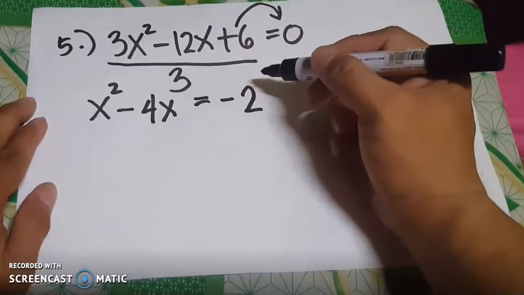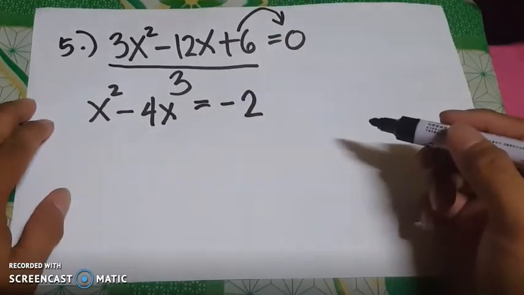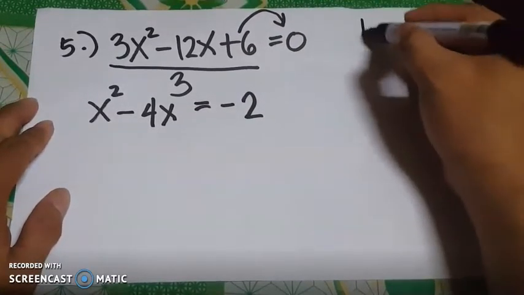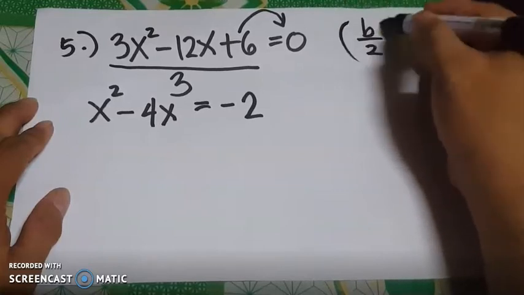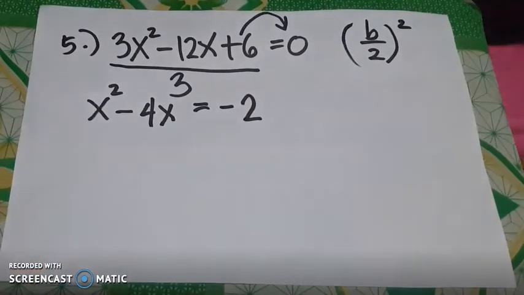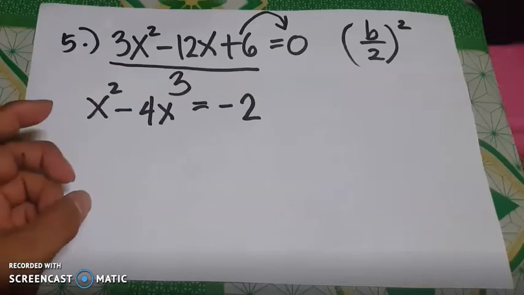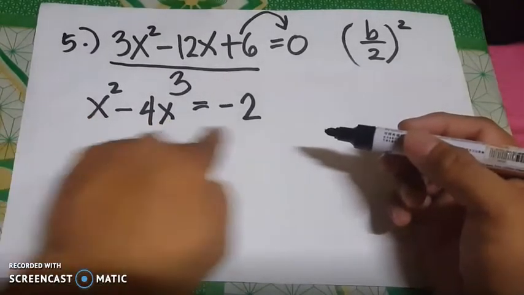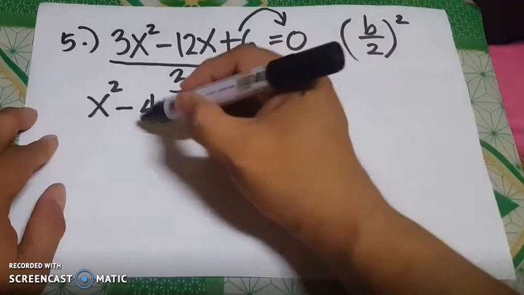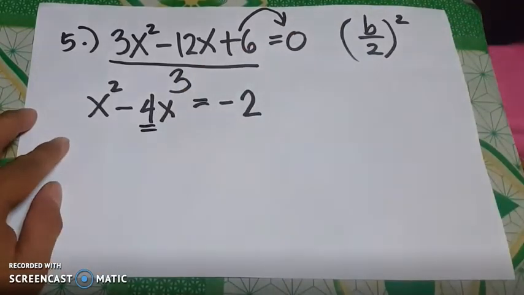Then, from there, we are now going to use b over 2 quantity squared. So, mas madali if we're going to make use of the value of b of the equation in simplified form. So, that is this equation. The value of b there is 4.